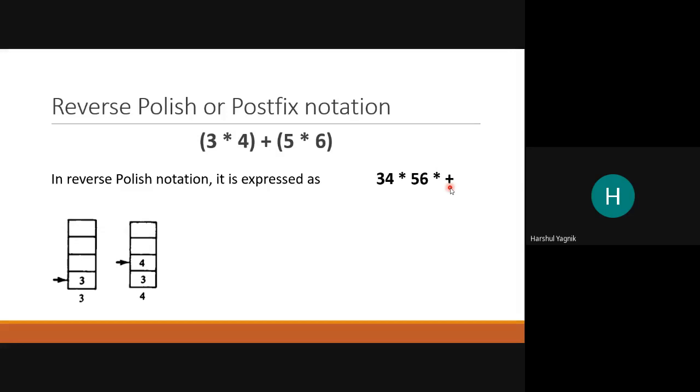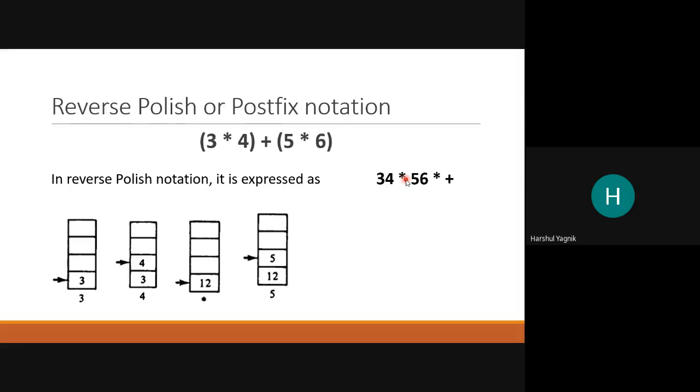How is it useful? In the stack, we first put the operand 3, then above that the operand 4. Next comes the operator, so the result of the operation is done, and that is then put on the stack location starting with 0.